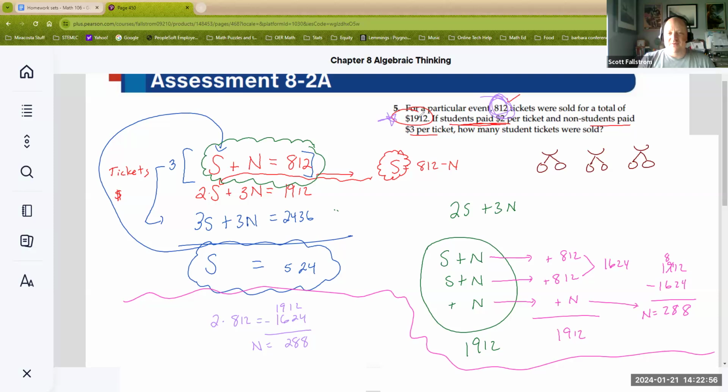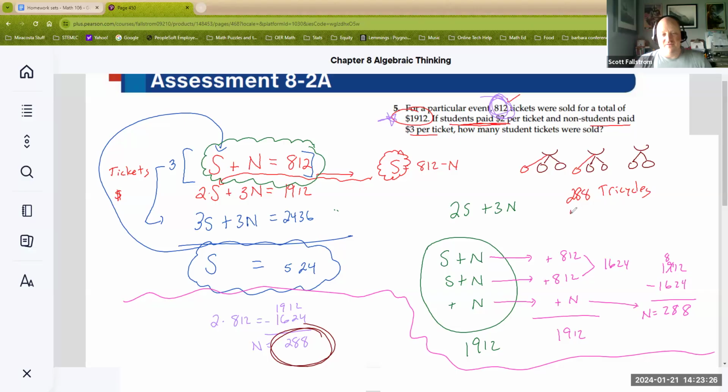So what we could do is we could say, well, I have 812 students. So if I just pretend I have 812 seats and I put two wheels on everything, then what you end up with is you end up still with 288 wheels to place. So you go back and say, well, shoot, let me add another wheel on. And if I add an extra wheel on 288 times, that tells you there's 288 tricycles.